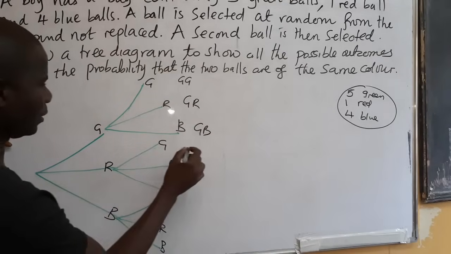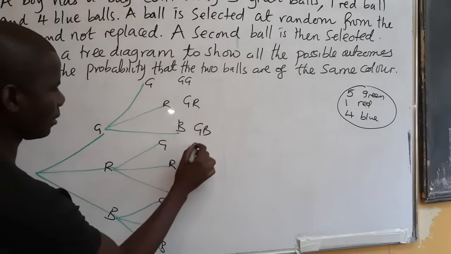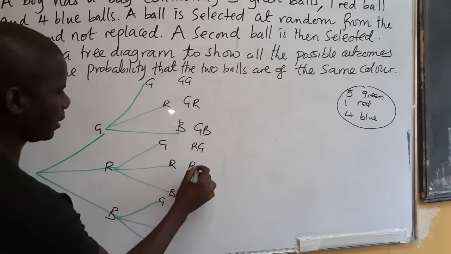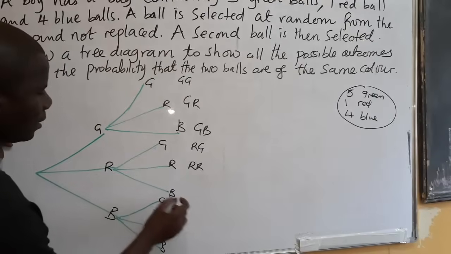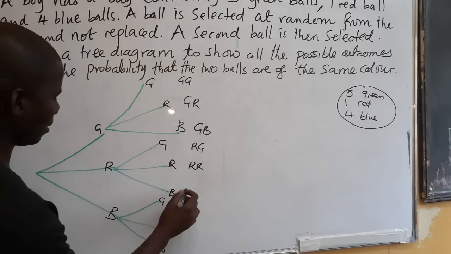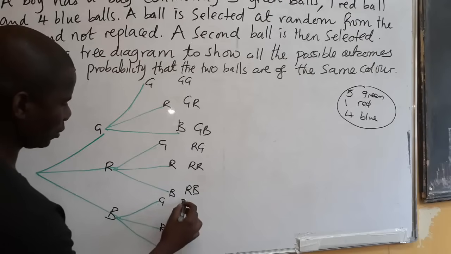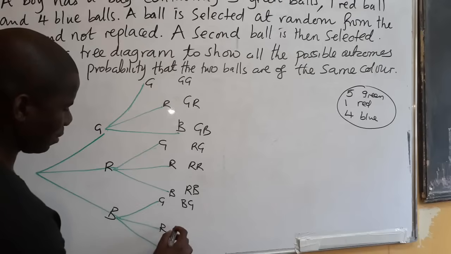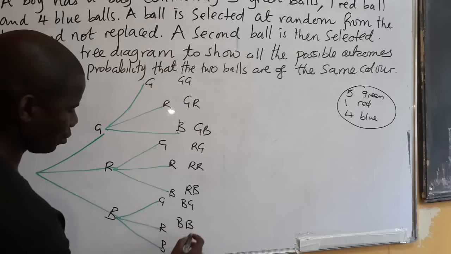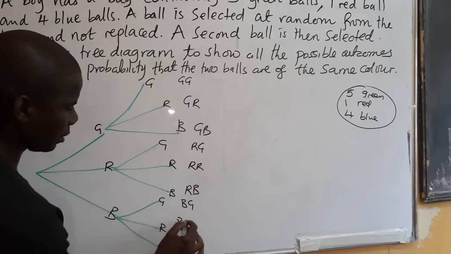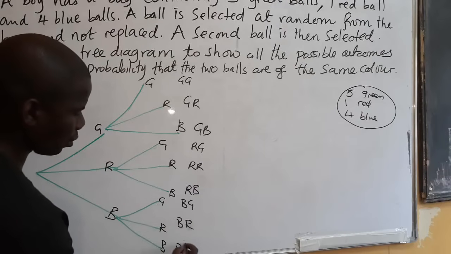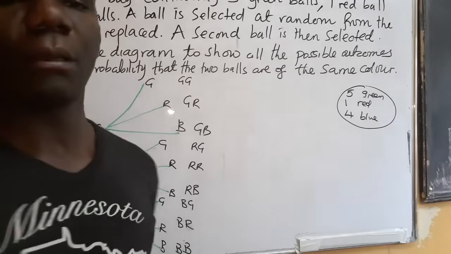Then this one is red, green, red, red, and red, blue. And this one is blue, green, blue, red, then blue, blue.